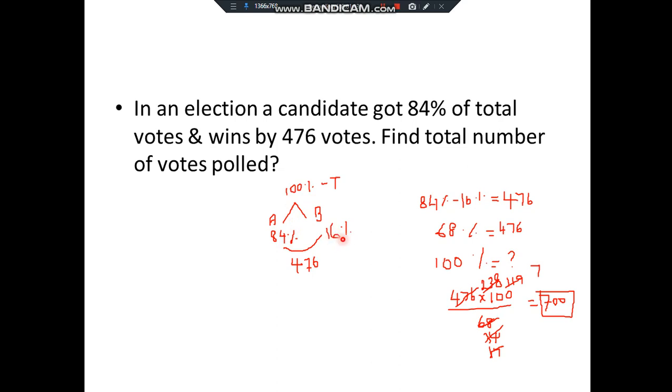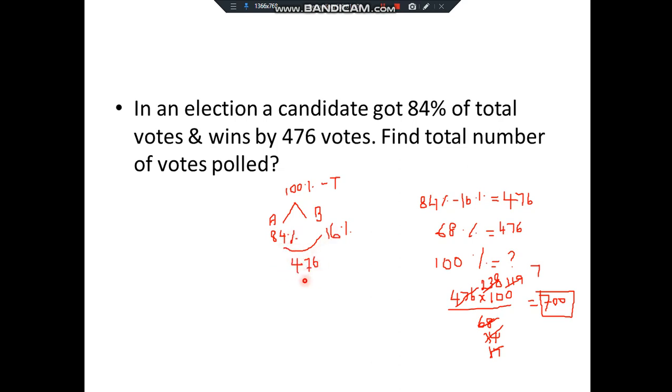Now, wins by 476 votes means A and B secured some votes and A secured more votes than B by 476. The difference between A and B is 476.